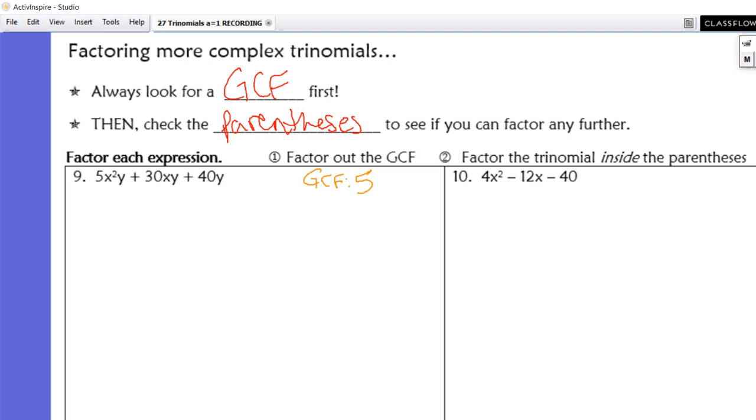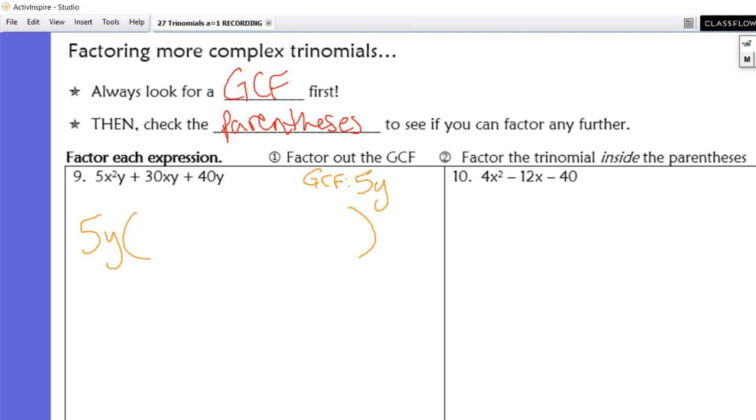The other thing that I notice about every single term is that every single term has a y as part of it. Do you guys notice there's a y for every single one of them? So that gives me a clue that I need to have a y. So we're going to start off with taking out 5y and writing our answer inside of the parentheses.